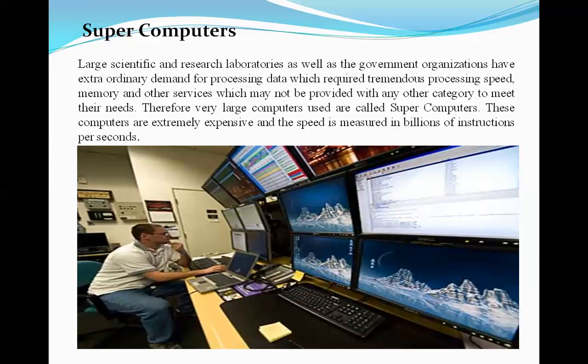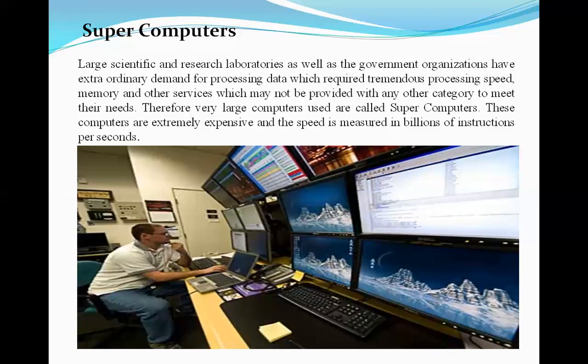The performance of a supercomputer is commonly measured in floating point operations per second instead of million instructions per second. It is a computer that performs at or near the highest operational rate for computers. Supercomputers have been used for scientific and engineering operations that must handle massive databases, do a great amount of computation, or both.